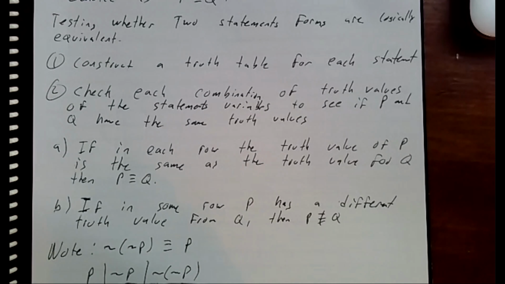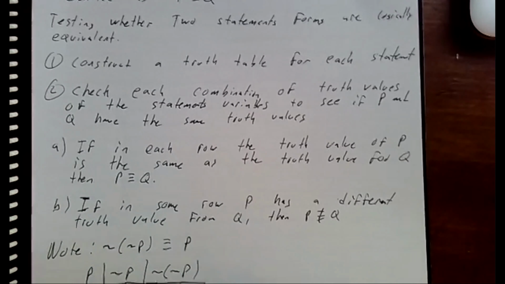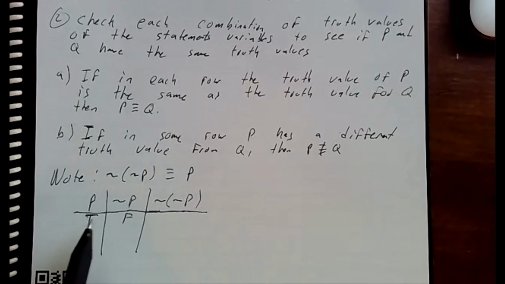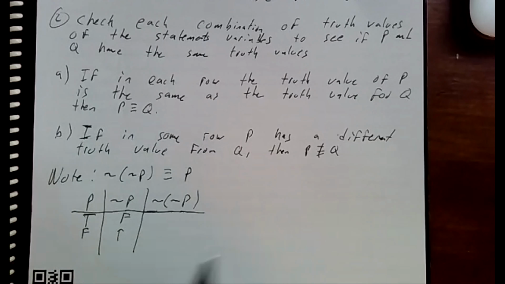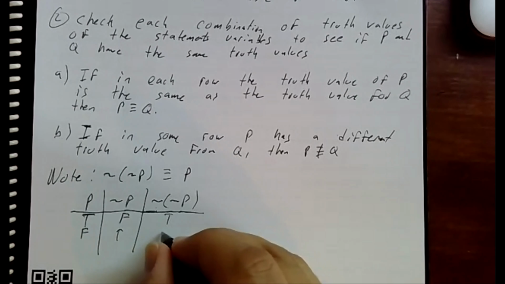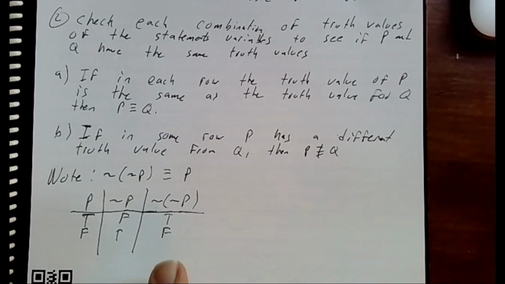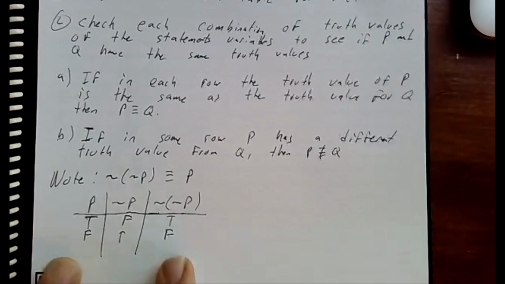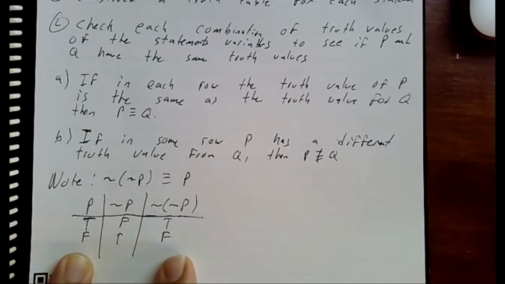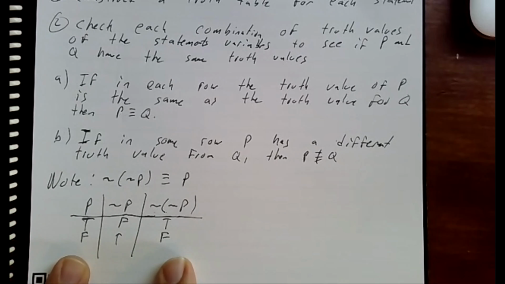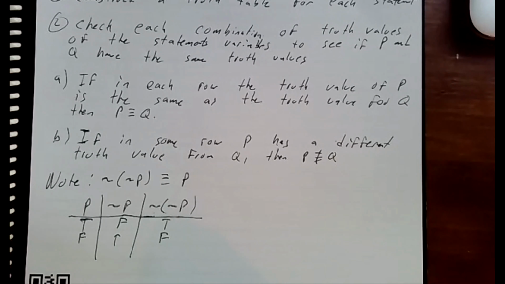Not P, negation of P, would be false and true, right? The opposite of true is false, the opposite of false is true. Now, if I negate the negation, I would come back to true and false. You see how these two are the same? This shows that both are logically equivalent. Does that make sense?